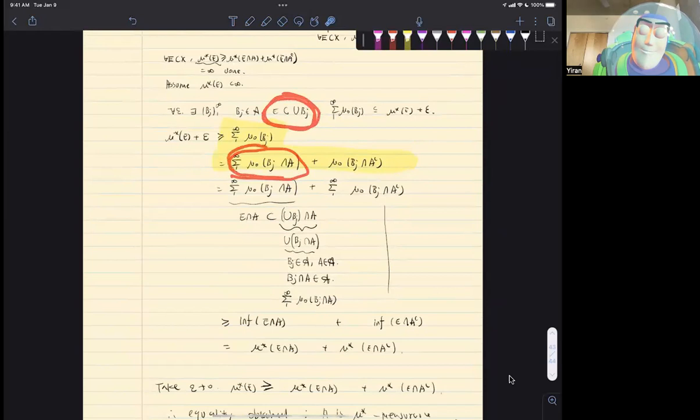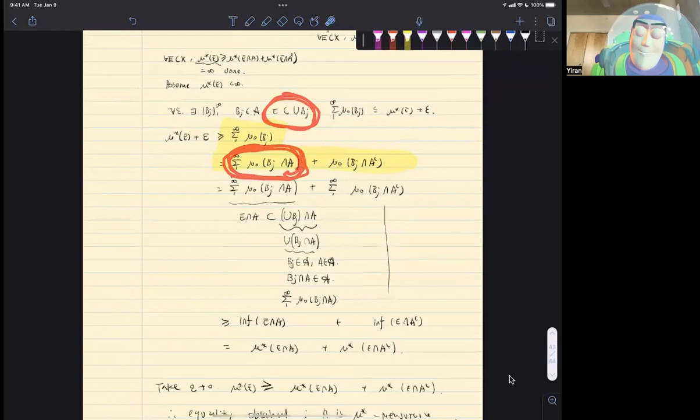So we have this. What kind of connection can we get by looking at those two facts? So this is equal to this.